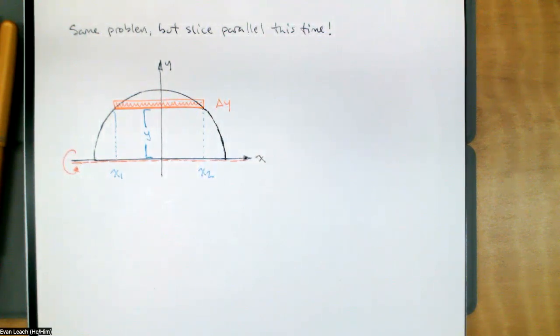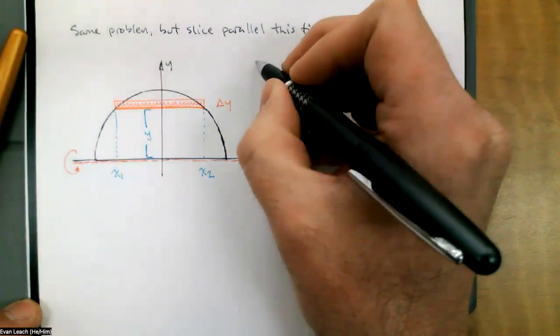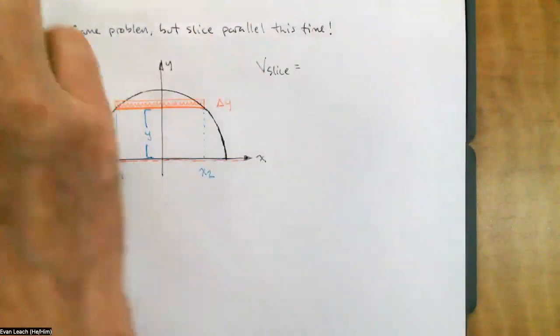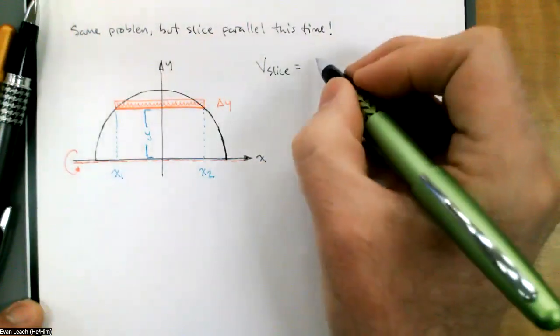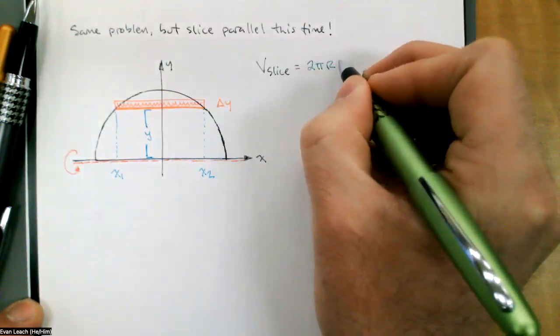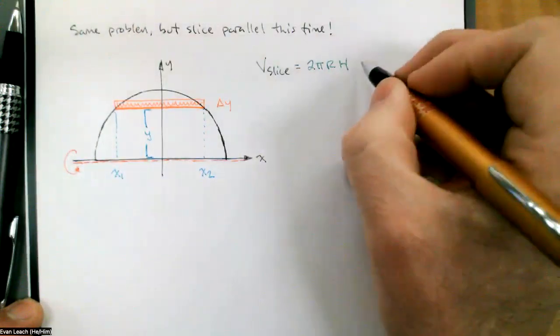Since we're finding the volume of the solid of revolution and we are slicing parallel to the axis of rotation, we know that the volume of the slice will be 2 pi times the radius times the height times the delta variable, which in this case is a delta y.